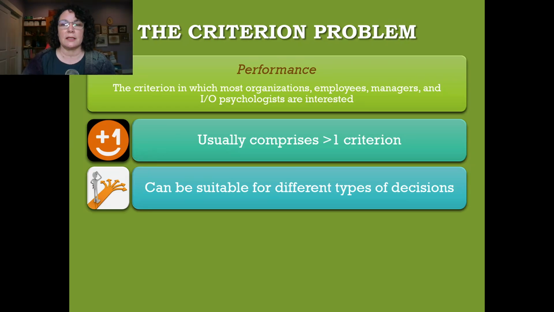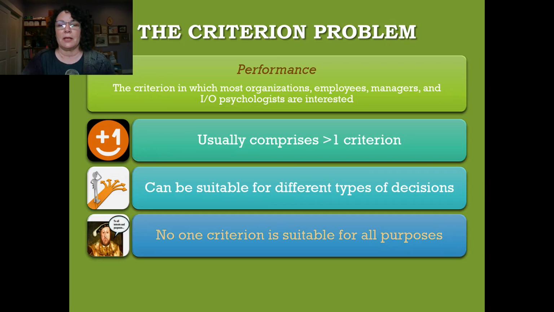So it's worthwhile, like I mentioned before, to work this up because you can use it for lots of things. However, we have to be super careful and not think, oh, I found the measure that will work for everything. It doesn't work for all kinds of jobs. It doesn't work for all decisions that need to be made within a particular job. But if we can develop a particular measure, a selection measure, it oftentimes works for other things too.